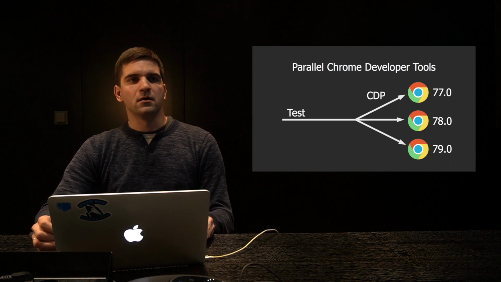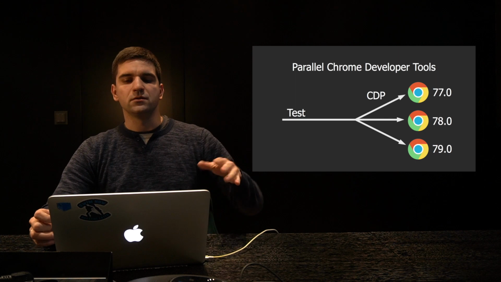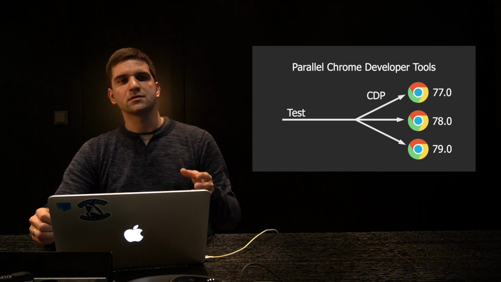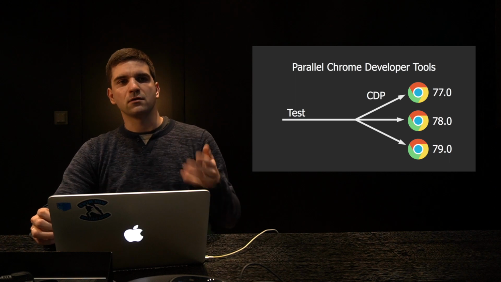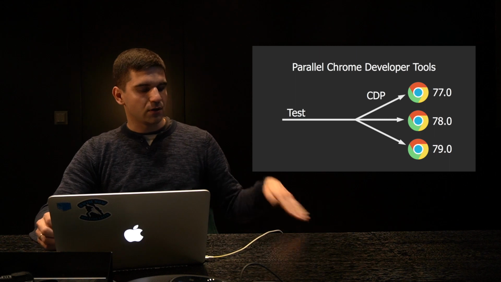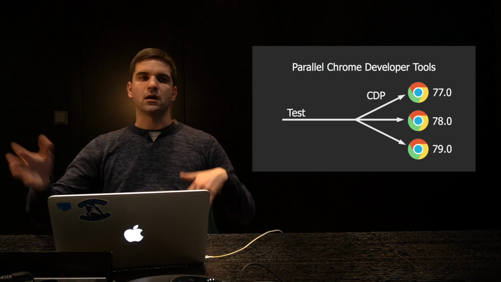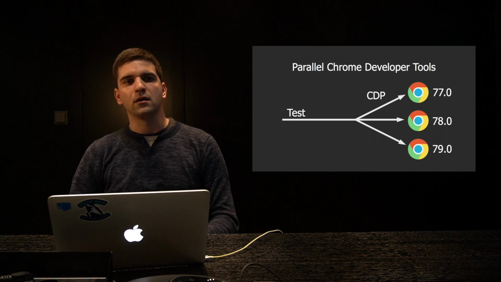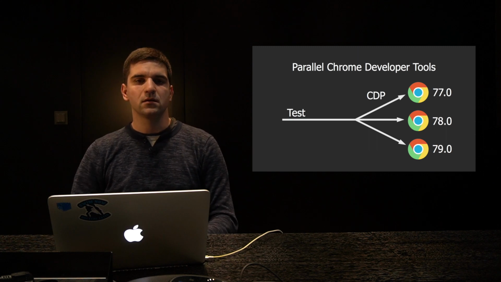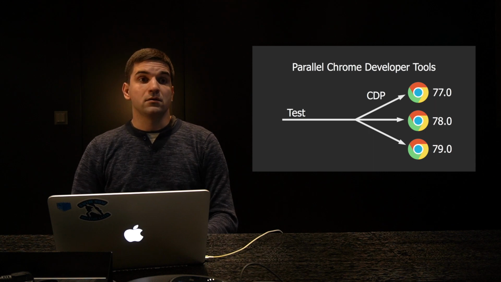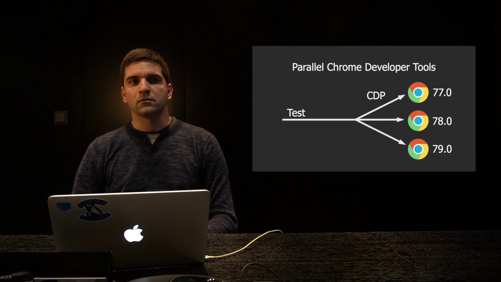For example, we could need to run several copies of the same browser version as well as several different browser versions. And usually during conferences, people speak about using the Chrome Developer Tools protocol locally, but nobody is explaining how to scale these solutions. And this is where Docker containers come into play.